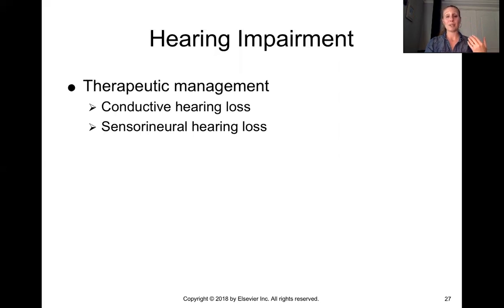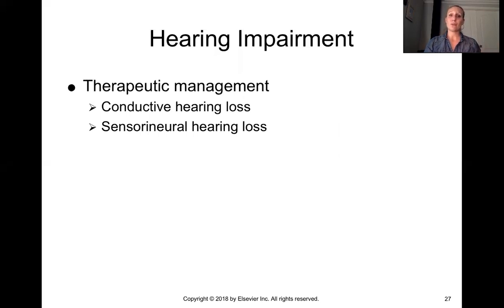But the wax will prevent the conduction of the sound through the ear canal to appropriately activate the hairs and all that. So we're going to fix the problem. If it's wax, we're going to remove it. If it's something else, hearing aids work great because they amplify the sound.